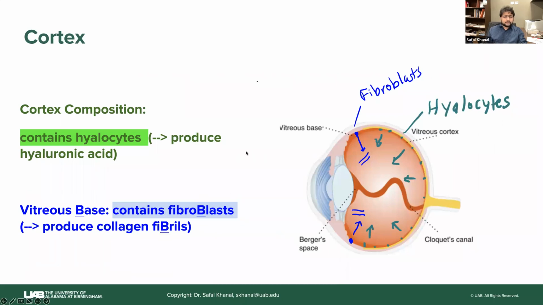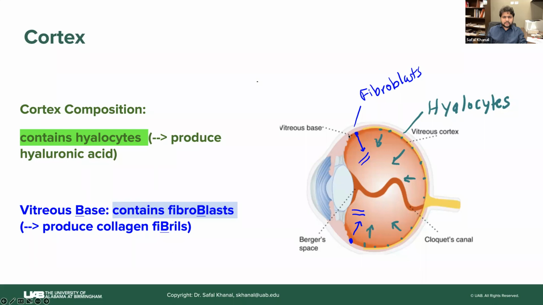You can divide it into cortex and vitreous base. The cortex is a vitreous membrane. It is a layer of collagen that separates the vitreous from the rest of the eye, and it contains hyalocytes, which produce the hyaluronic acid in the vitreous.